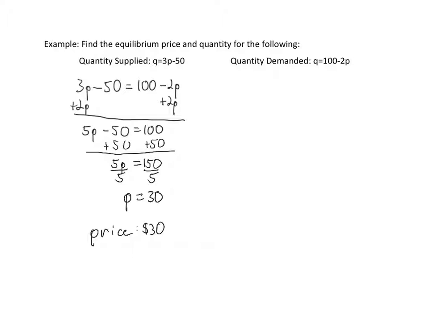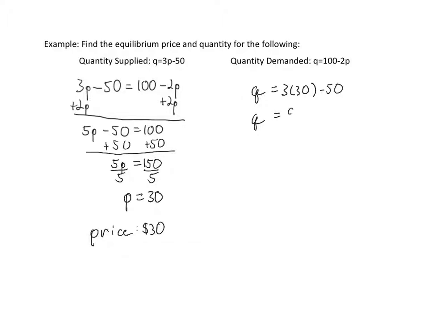To determine the amount of items produced, the quantity supplied and quantity demanded are going to be the same at $30. So it doesn't matter which side we choose. We just want to plug 30 in for P. So let's say I pick the quantity supplied function. Then Q would equal 3 times 30 minus 50.